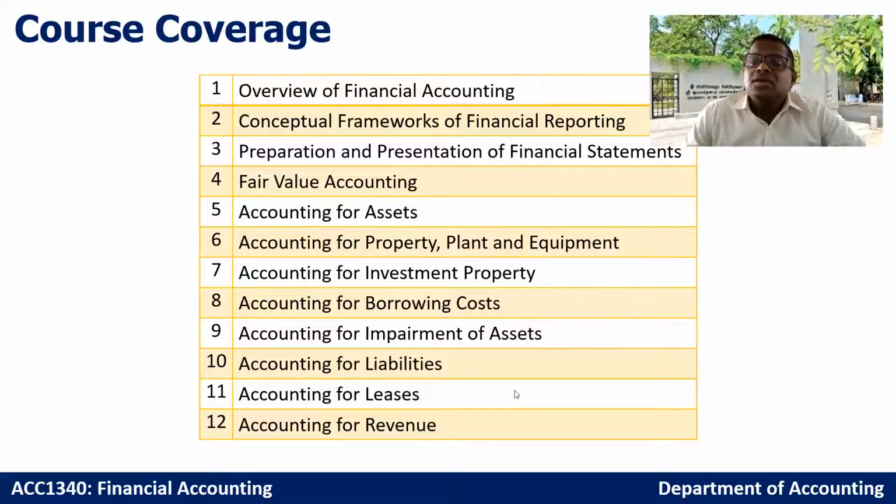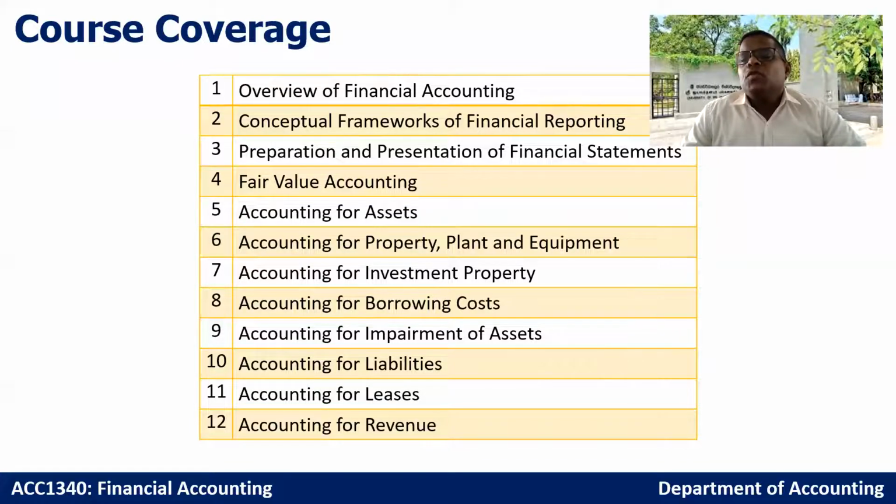Financial accounting can't be covered under 12 areas, but we have selected the most important areas under financial accounting. Then next year we have advanced financial accounting, financial reporting, and corporate financial accounting. Likewise, we have developed the course step by step.